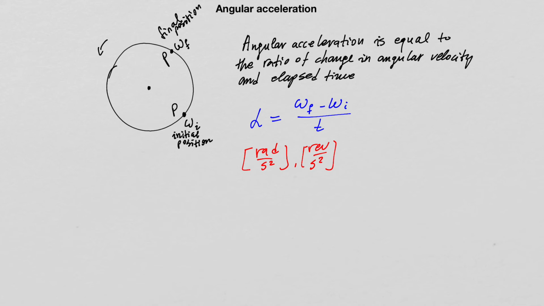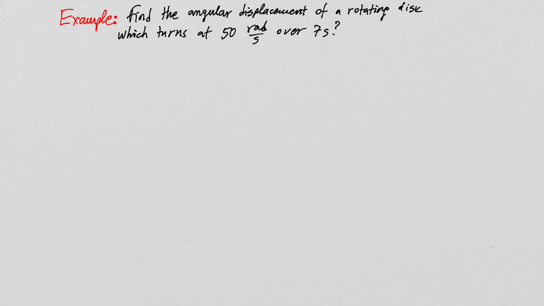Let's do a few examples to show how these three quantities are used to calculate problems involving rotational motion. Let's find the angular displacement of a rotating disk which turns at 50 radians per second over 7 seconds.